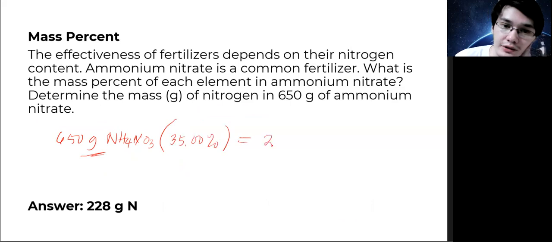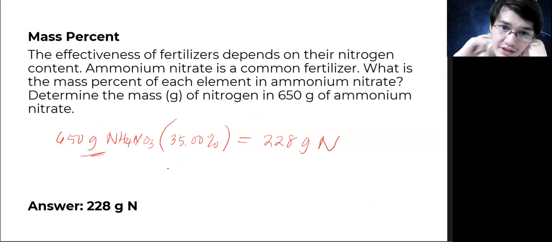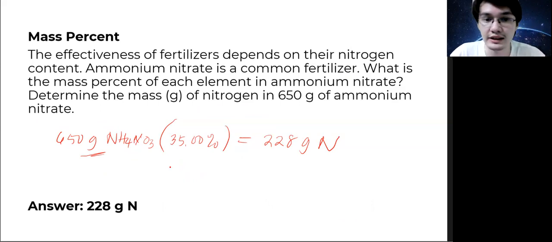Then we will get 228 grams of nitrogen. So per every 650 grams of ammonium nitrate, it has 228 grams of nitrogen.